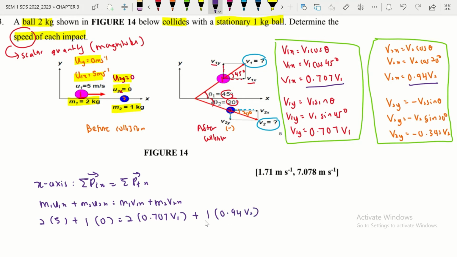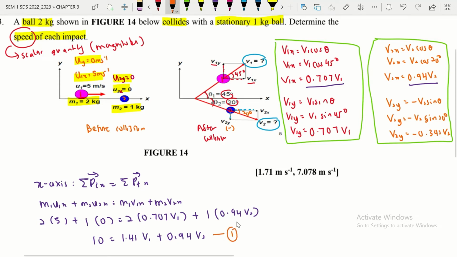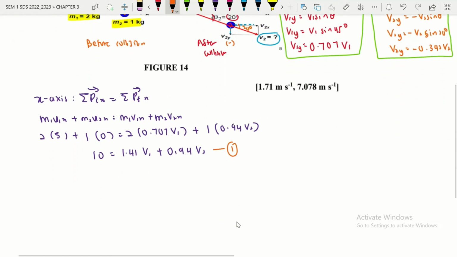So therefore, when you rearrange all this equation, you will get 10 equals to 1.41 V1 tambah dengan 0.94 V2. So this is going to be your first equation. Ni baru untuk x-axis. Remember, 2 dimension ada 2 axis.